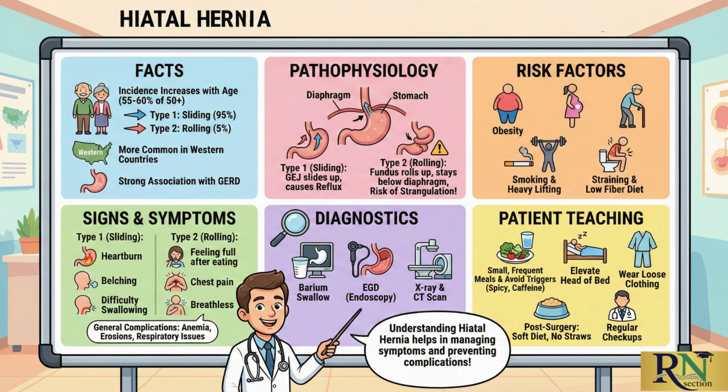General complications: iron deficiency anemia from slow bleeding, Cameron lesion, which is erosion and ulcers, and respiratory symptoms if aspiration occurs.